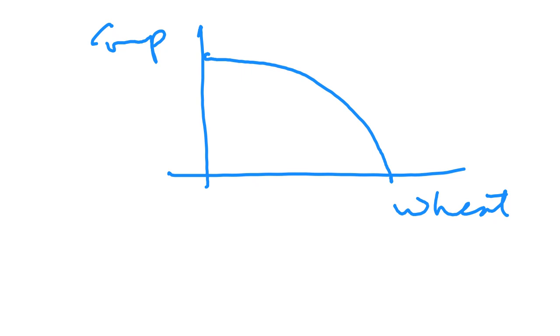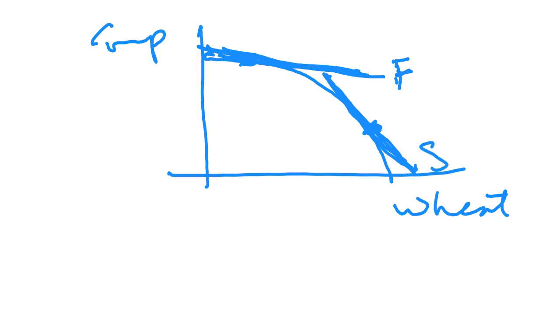Why? Because I just told you opportunity cost is increasing for this bowed outward shape curve. So if I calculate slope at this point, I draw a tangent line like this, this is the slope of this line. And if I draw here, the slope is this. So you can see this line is much flatter, and I write F as flatter, and this line is steeper, as S. If I place a ball here, it will fall much quicker, and if I place a ball here, it will go down slowly.